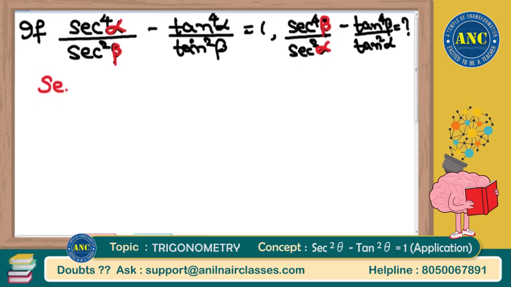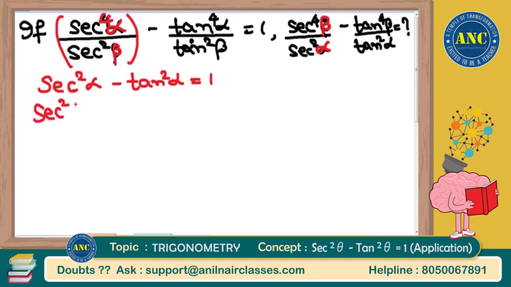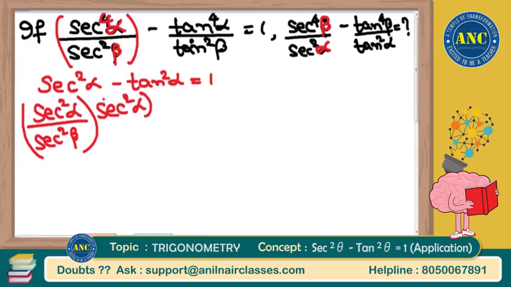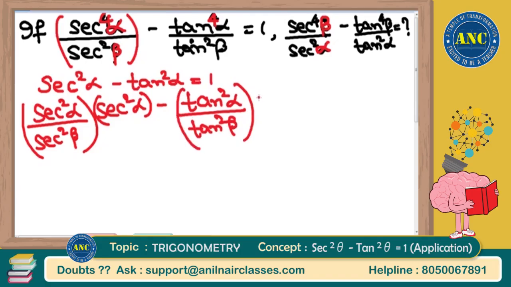Now we know that secant square alpha minus tan square alpha is equal to 1, right? If I use that analogy, secant alpha to the power of 4, I can write it as secant square alpha divided by secant square beta into secant square alpha, minus tan alpha to the power of 4, which is tan square alpha divided by tan square beta into tan square alpha, and this is equal to 1.